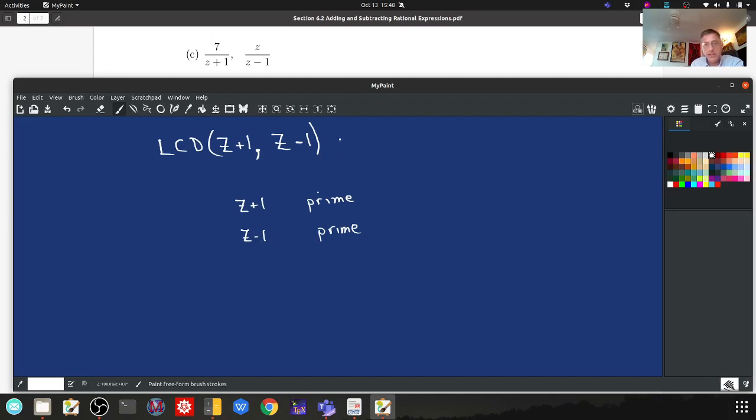So the LCD is going to be z plus 1. It's always going to be each of my prime factors raised to the number of times each factor appears. So it's z plus 1 times z minus 1. And you're going to get the same thing if you go ahead and do the table.